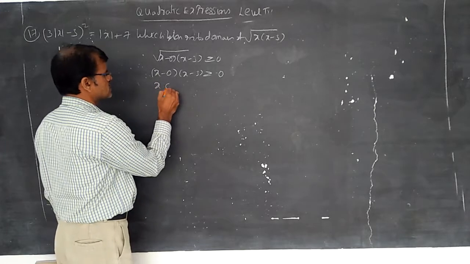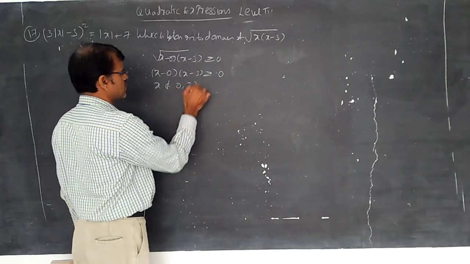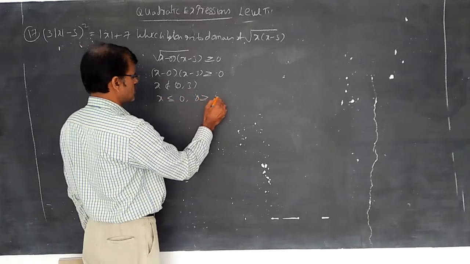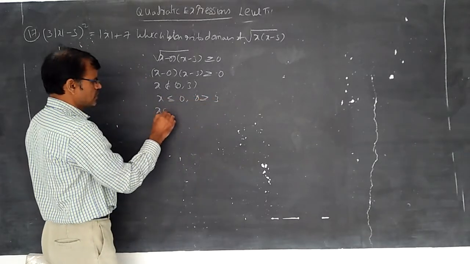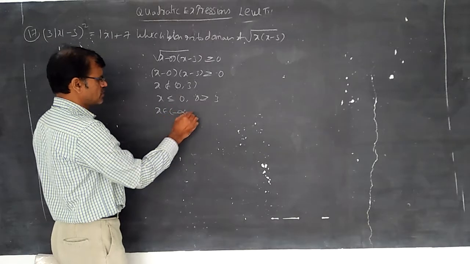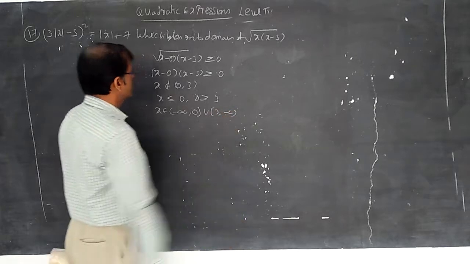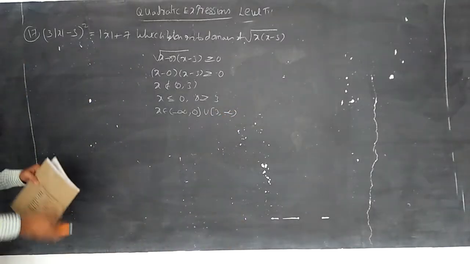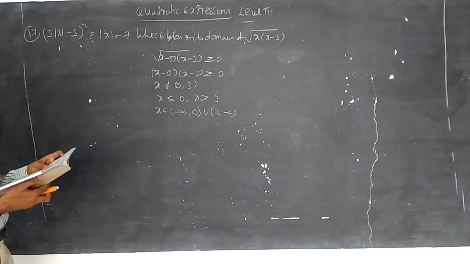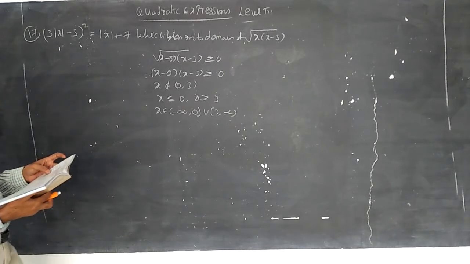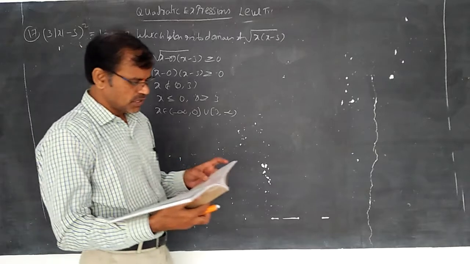So x does not belong to the open interval 0 comma 3; x is less than or equal to 0, or x greater than or equal to 3. So x belongs to minus infinity comma 0 closed, union 3 closed comma infinity, is the domain. Now, using this, x less than 0, x greater than 3, students, there is no such number.